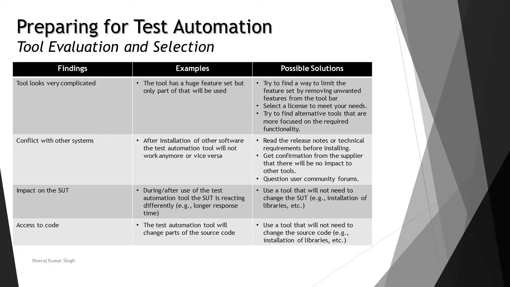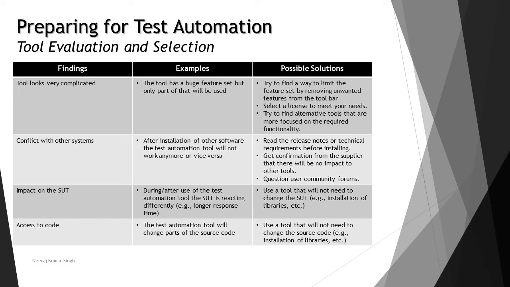Moving further, we have: the tool looks very complicated to use. Of course, that will create a constraint for user friendliness and take a long time for understanding the tool before you can start using it. The example is that the tool has a huge feature set, but only part of it can be used. So why do we have unwanted options? Why do we need such a heavy tool?